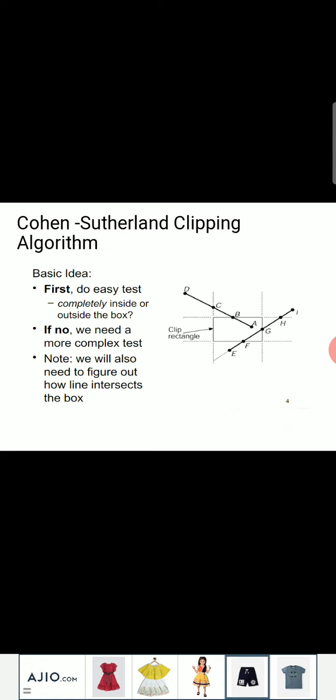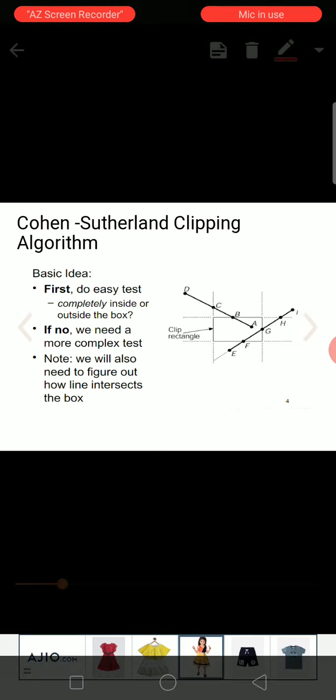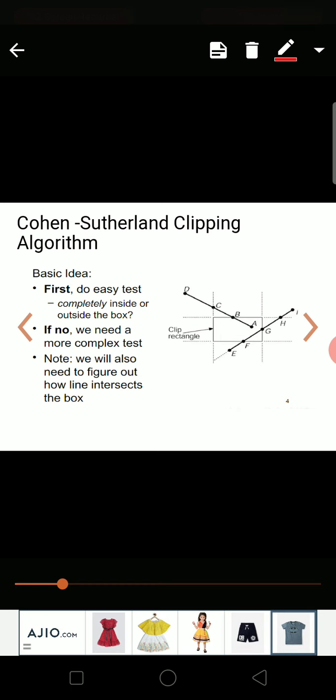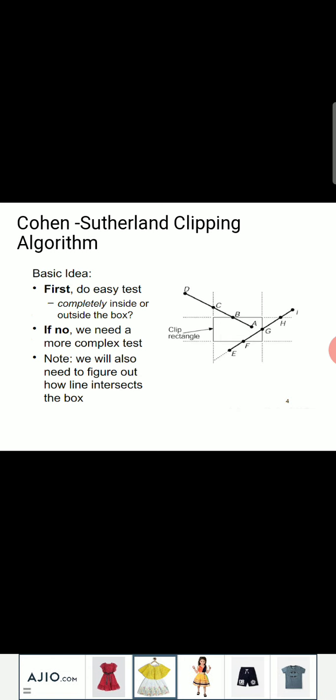The basic idea of the Cohen-Sutherland line clipping algorithm is that first we do an easy test to find whether the line is completely inside or outside the box. If it is not, then we need a more complex test, and we have to figure out how the line intersects the box.